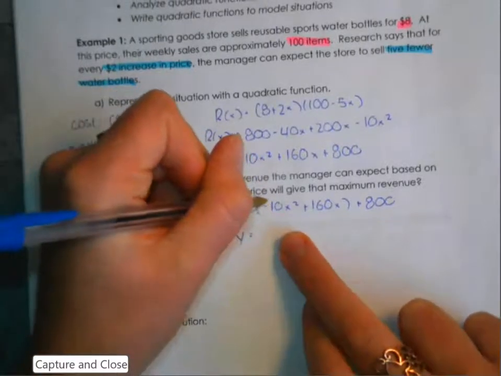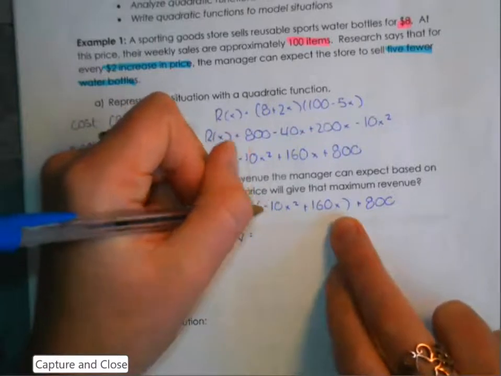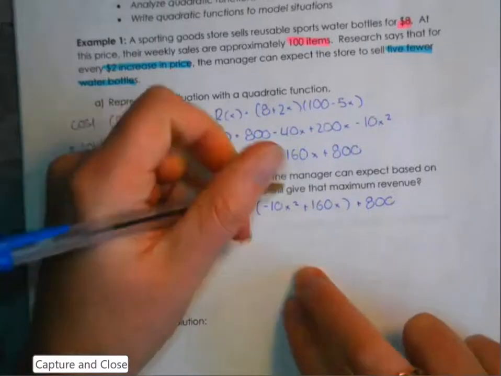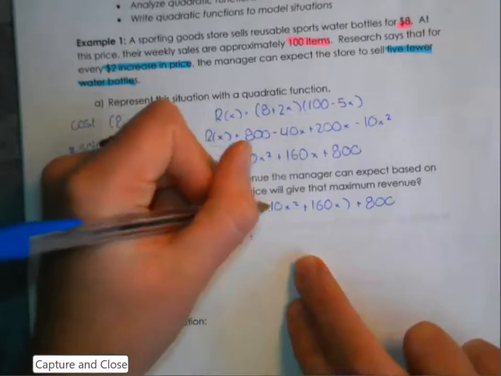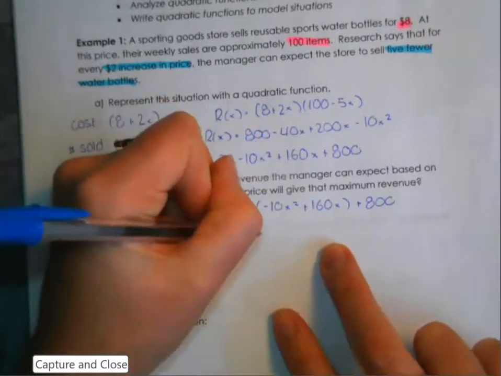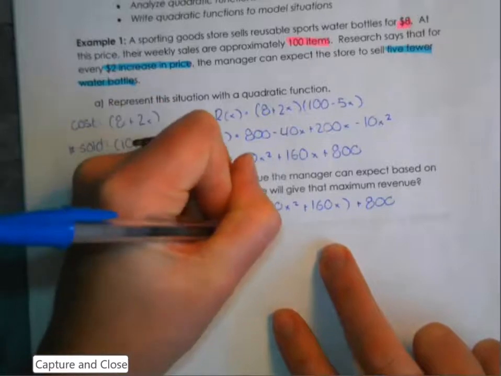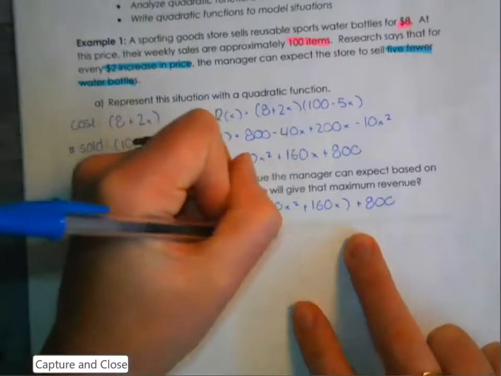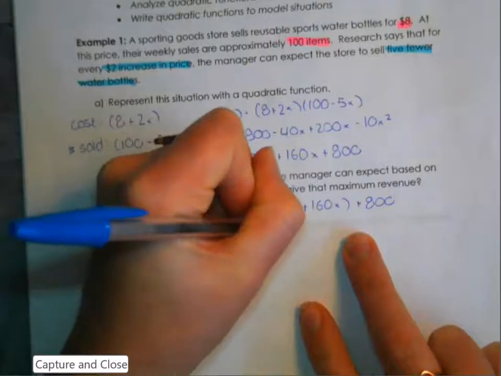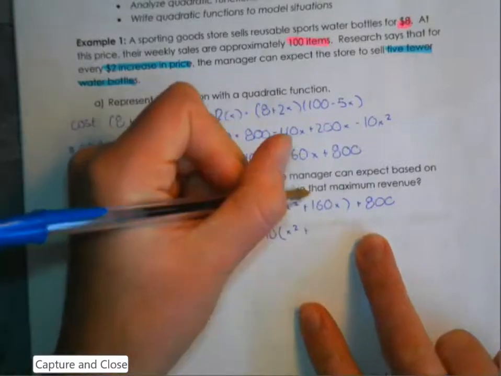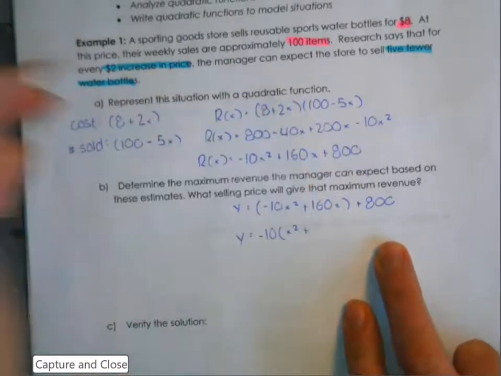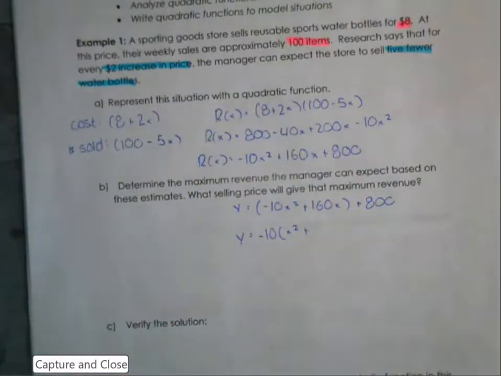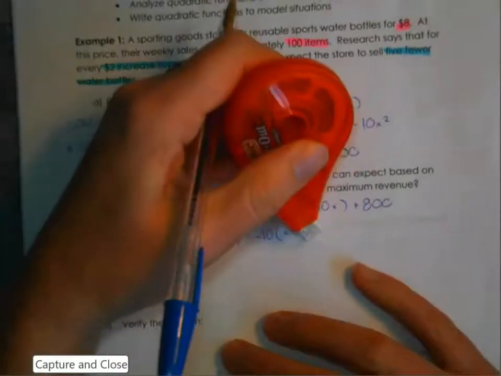So essentially that means we need to divide everything in these brackets by this value to move it out so that we only have a 1 in front of the x squared. So negative 10 divided by negative 10 will give us 1, so we need to bump negative 10 outside the brackets. That's going to leave us with x squared plus, if we do plus 160 divided by negative 10, then we get negative 16. Sorry, I wrote in that positive too fast.